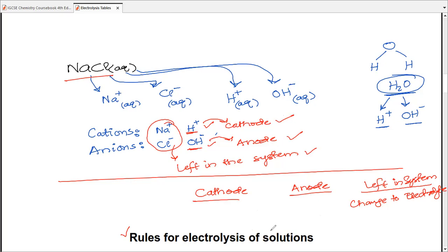So coming up next is the part where we'll study cations, anions, and systems separately, so that you are capable of telling me about this product, and this product separately and correctly. The rules coming up next would make sure that you are capable of coming up with all the products of electrolysis in solutions properly. Let's go through that.